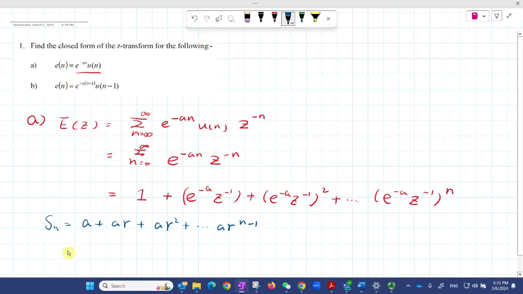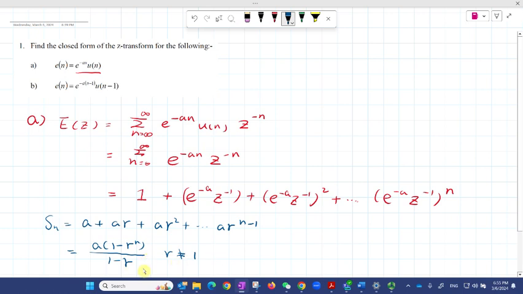For that, the sum equals a times (1 minus r to the order of n) over (1 minus r), with r not equal to 1.